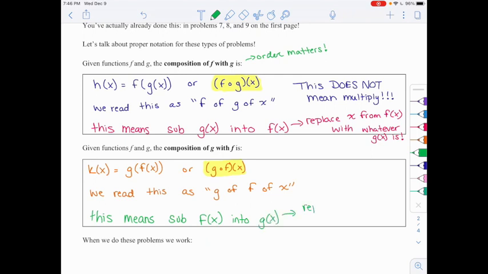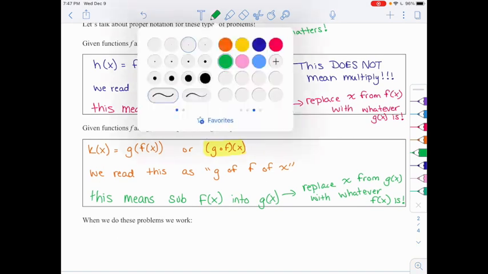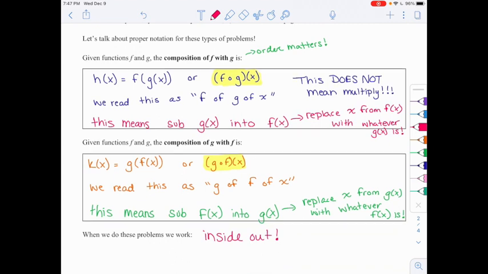Right, so I'm going to replace x from g of x with whatever f of x is. So it's just the opposite of the one above it. Order matters, so you work inside out, right? When we do these problems, we work inside out. Start with the inside and work your way out.